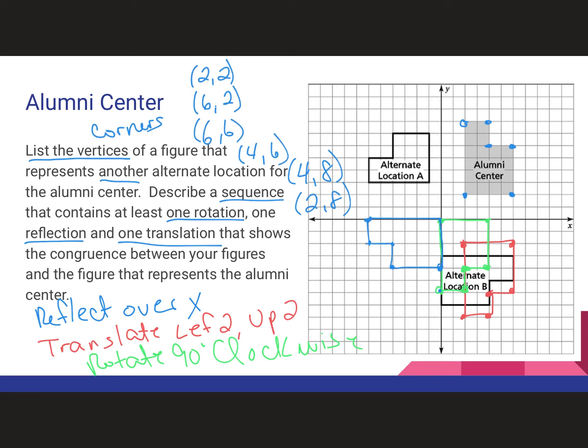Now I need these new vertices. And I'm going to write these vertices in red just so they're easy for you to see.